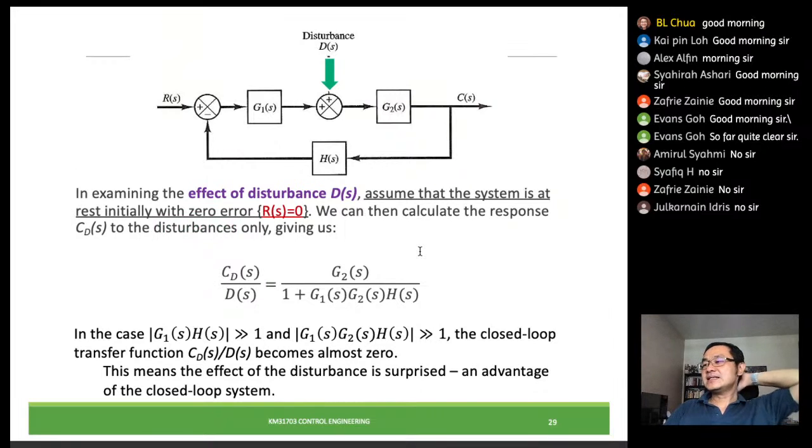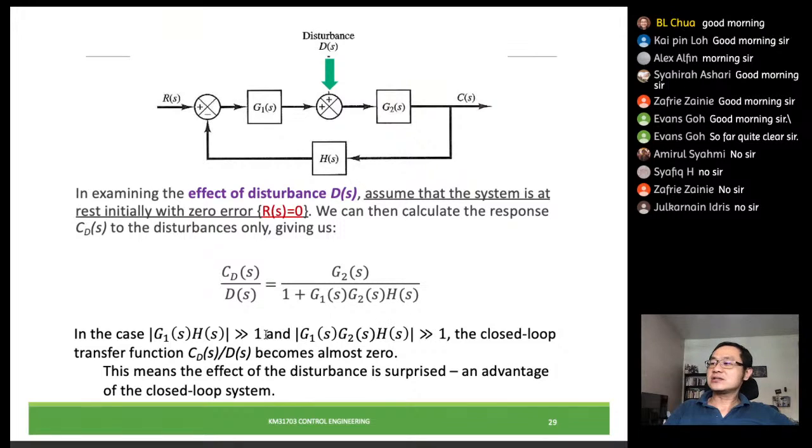So in this case, if now the G1 and H, since we have this H transfer function, we can have this H very high, so that these two conditions are correct.